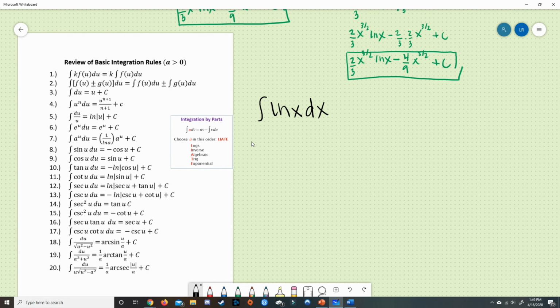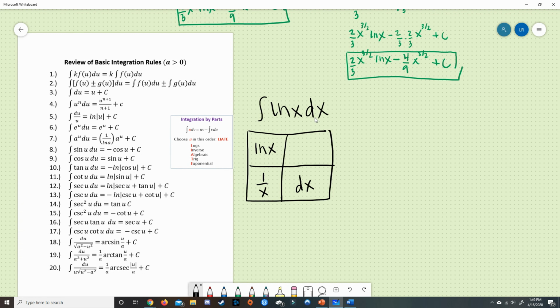And so we are going to want ln of x to be our u, which means that dx is our dv. So if I were to set up this table here, I would put ln of x here, which makes this 1/x, dx, which makes this x.